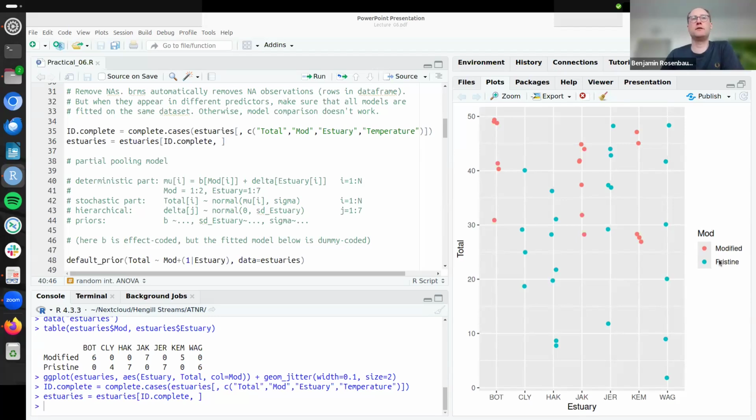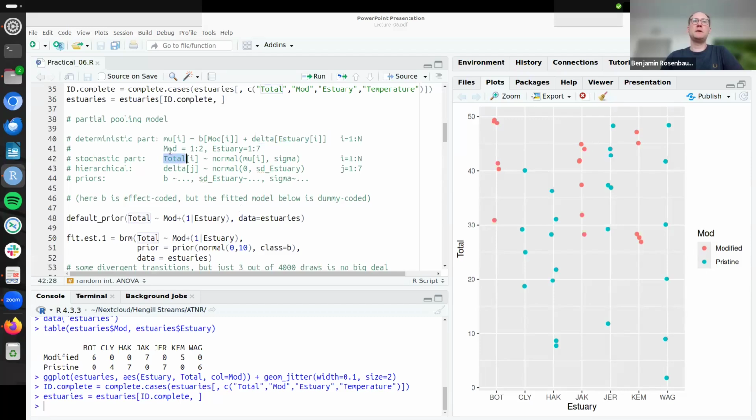But we are not using this here because pristine or modified will be the fixed effect, right? So this is what we're interested in. And we are not particularly interested in the variation between estuaries. And therefore, we only have this grouping factor estuary here, which we use as a random effect.